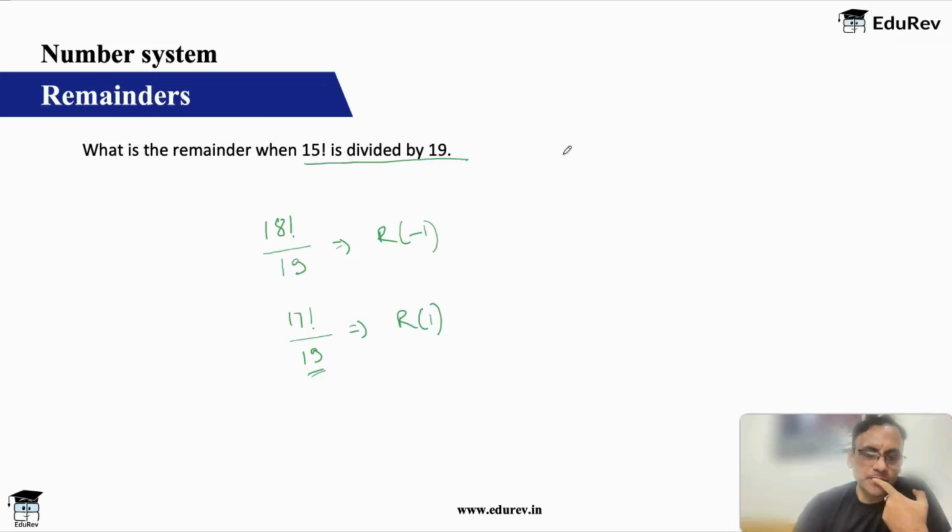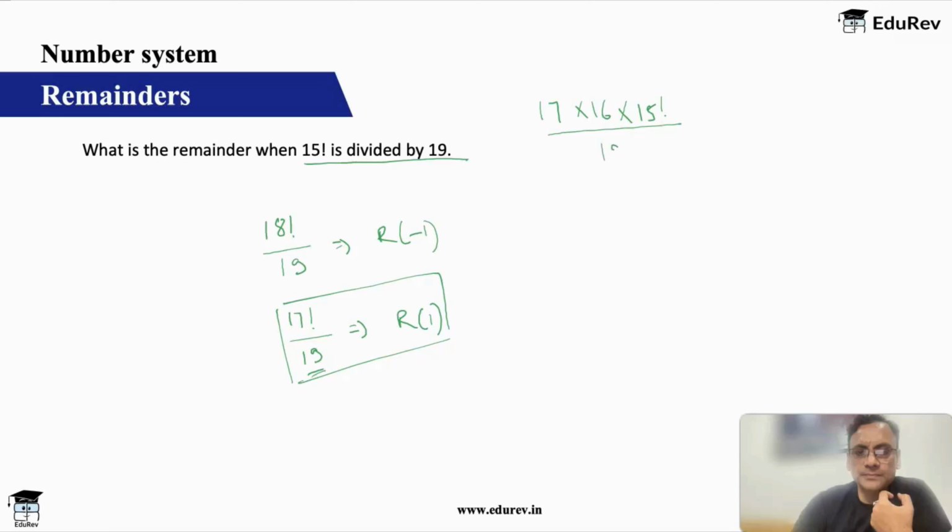17 factorial. This I know. Let's start from here. 17 factorial can be written as 17 into 16 into 15 factorial divided by 19. This will give me a remainder of 1, right?